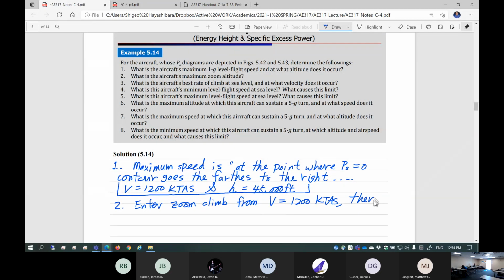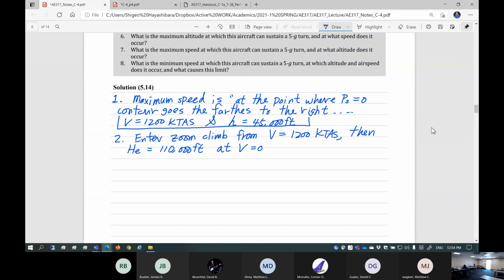Then you can reach energy height which is equal to 110,000 feet at V equal to 0. So this is the absolute maximum zoom climb altitude or energy height.